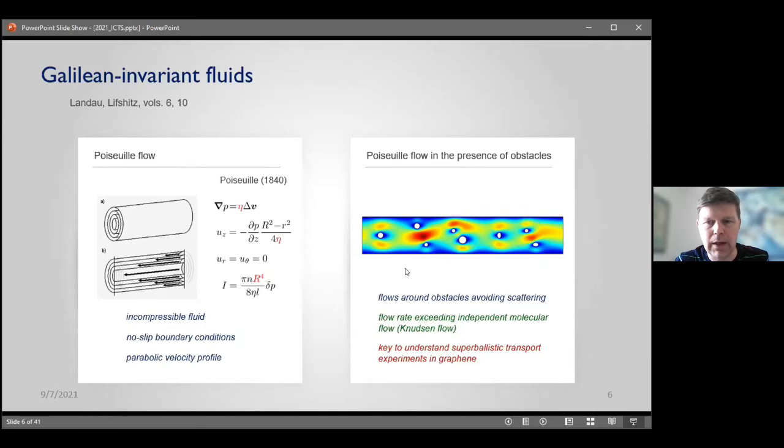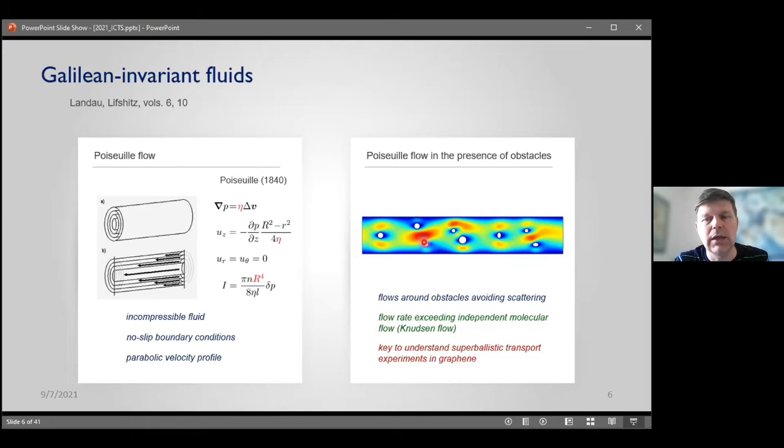Another feature of this viscous flow is that if we have, for example, as in this picture, these gray or white circles, obstacles for the fluid randomly placed in this channel, what the fluid wants to do is to flow around those obstacles rather than scatter off them.